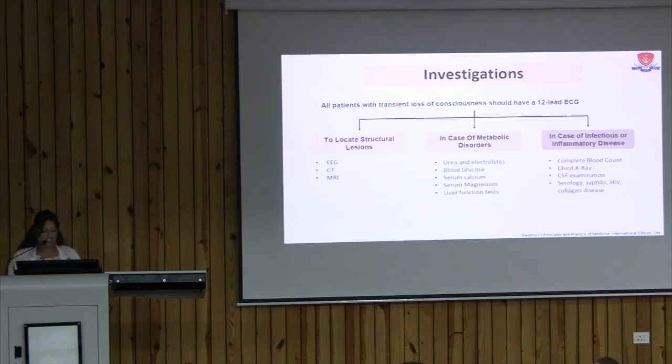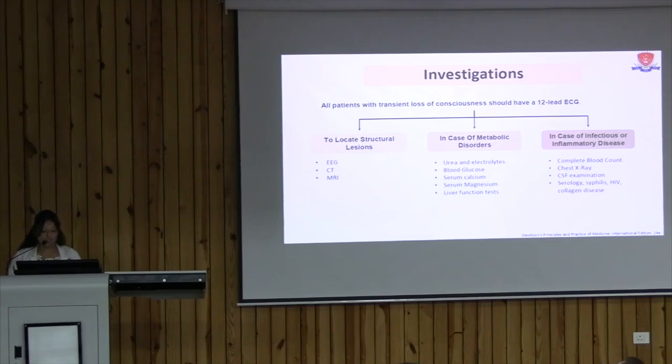Further proceeding towards the investigation, all patients experiencing a transient loss of consciousness should undergo a 12-lead ECG as an initial investigation. To identify potential structural lesions, diagnostic tools such as EEG, electroencephalography, CT scan and MRI can be done.